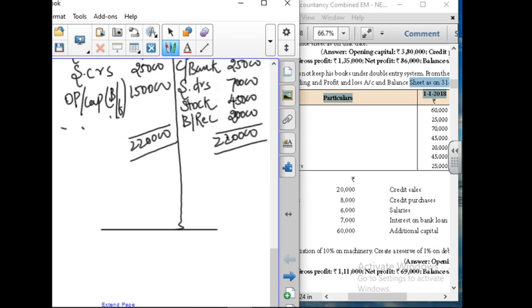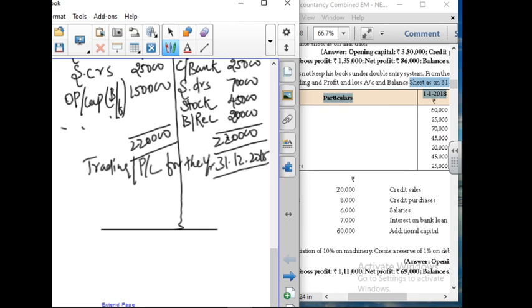Next, we'll move on to the trading and profit and loss account for the year 31/12/2018.